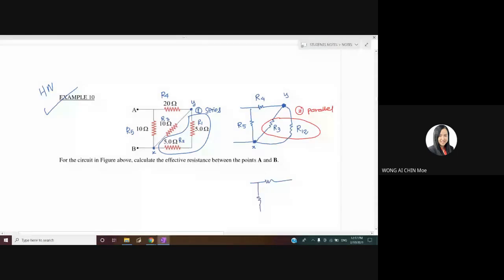When you combine, this is Y, and this is your X. If you combine, you will get R123, and this is your R4, and this is your R5.